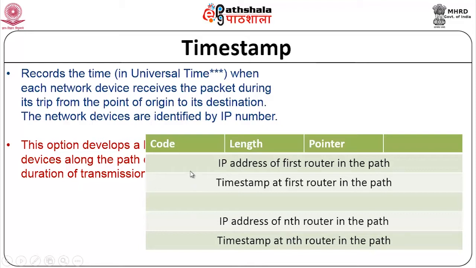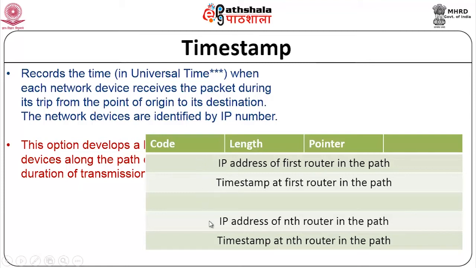You also have an option of specifying the IP address and saying that only those timestamps have to be filled. So these are variations that you have, but you can say that this timestamp option is a superset of the record route option, because in record route only the routes are recorded. Here we see that not only the route, the address, but also the timestamp information is recorded.